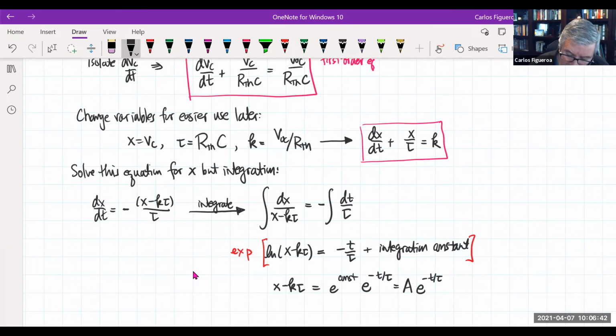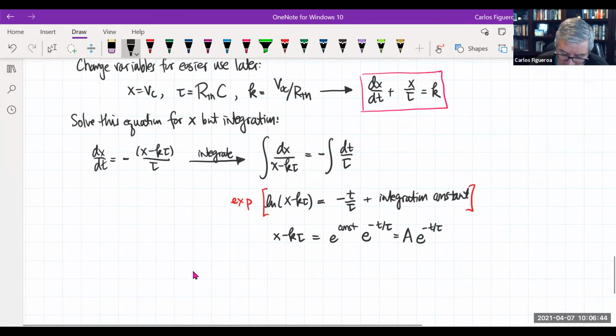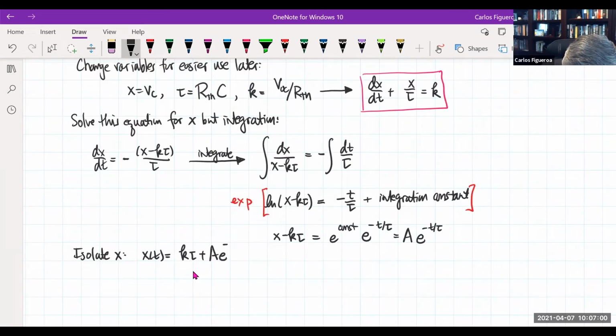So then I isolate x, right? So then if I isolate x, you see that my solution then looks like this. You're going to have a constant that's going to be k tau plus A e to the minus t over tau. And this is my solution.